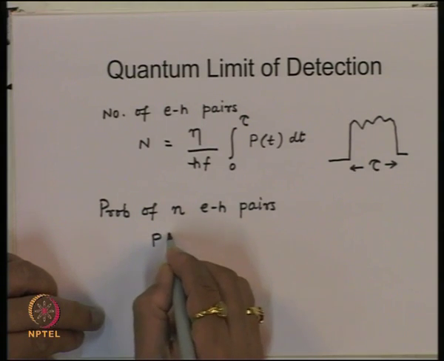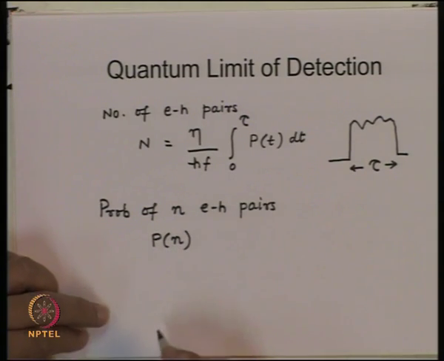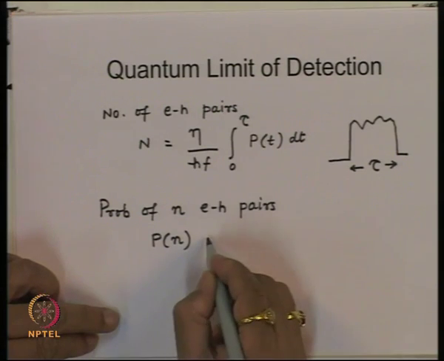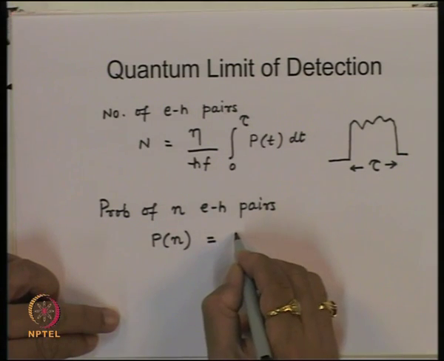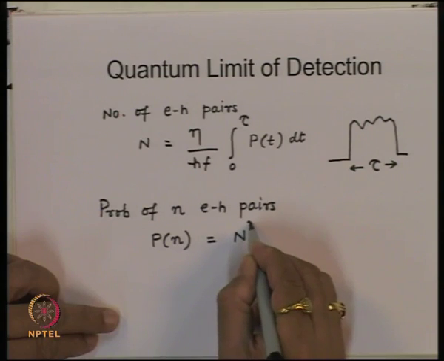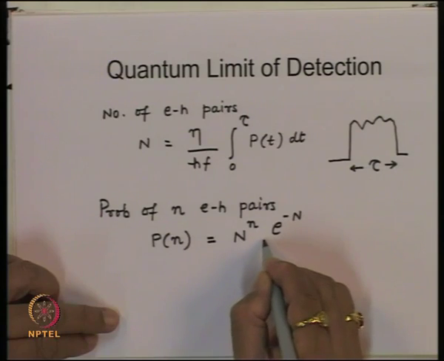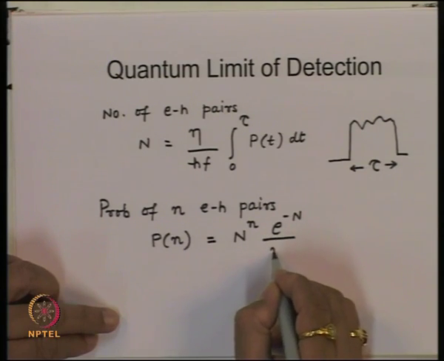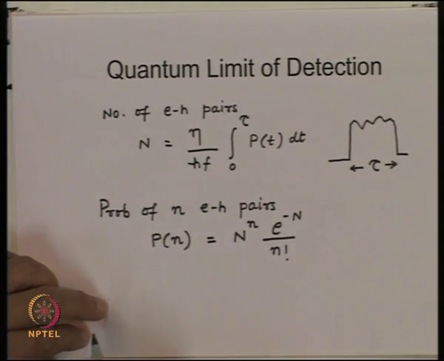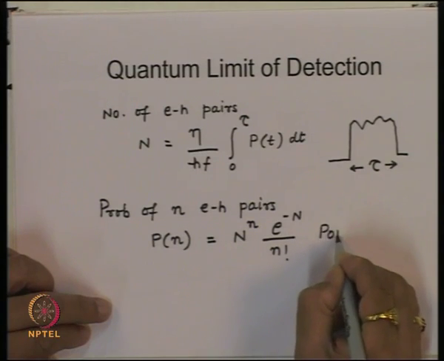Let us say that is given by P n. That is given by the Poisson distribution, which is n to the power n, e to the power minus n divided by factorial n. This is the Poisson process.